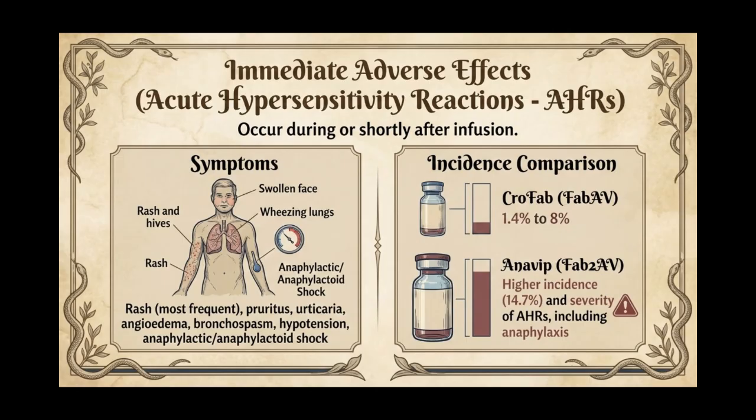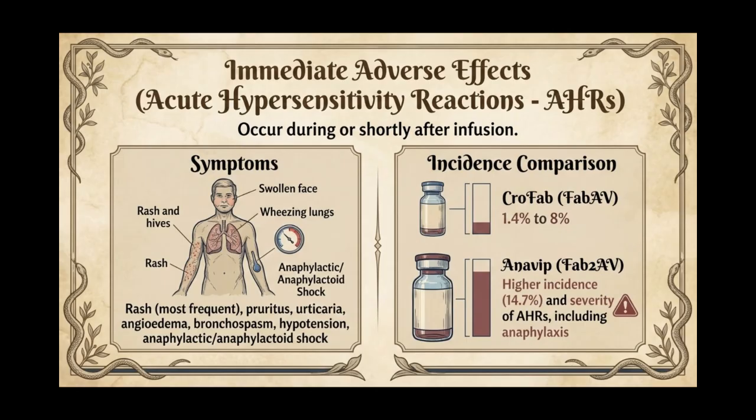Complications associated with antivenom therapy can be broadly categorized into immediate and delayed reactions, along with other significant considerations. Immediate adverse effects, also known as acute hypersensitivity reactions, typically occur during or shortly after infusion. These reactions include a rash, which is the most frequent and can sometimes herald anaphylaxis, itching, hives, angioedema, bronchospasm, low blood pressure, and severe reactions such as anaphylactic or anaphylactoid shock.